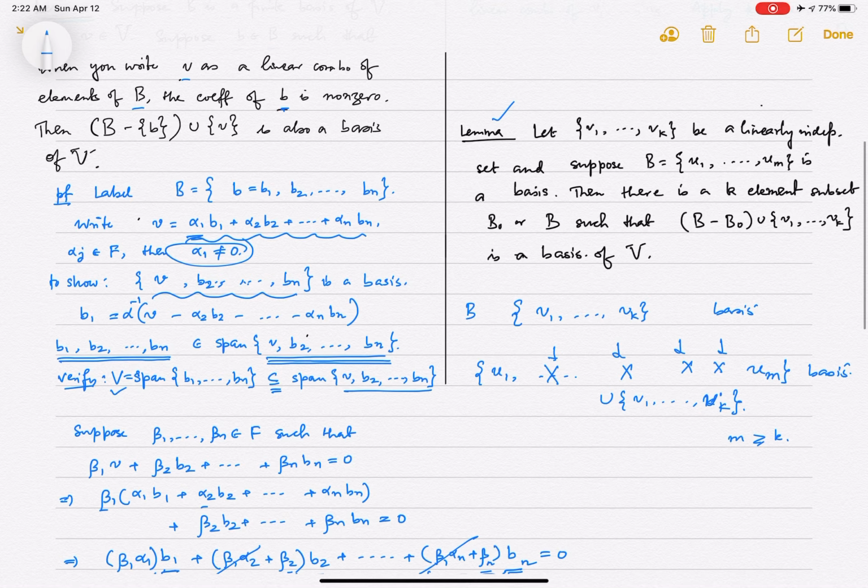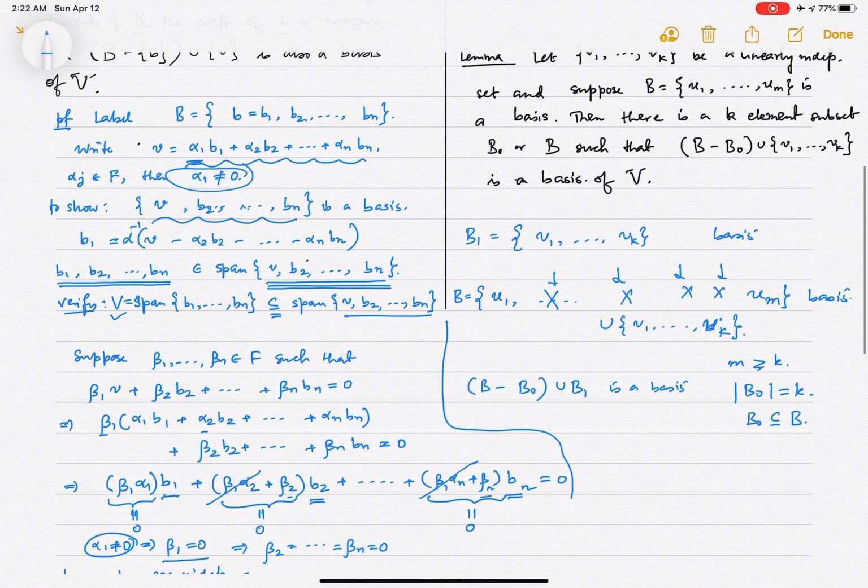So call them b1 and b. Then b minus b naught union b1 is a basis, where b naught has size k, some b naught in b by the previous lemma. But then here is a set which contains b1. b1 is already a basis.